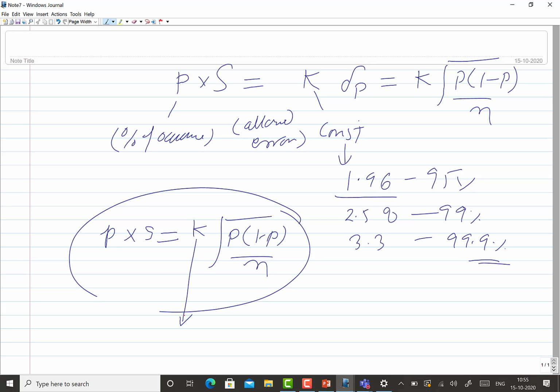K as per the confidence level desired, S is the error that is allowed, maybe 5% or 10%, P is the actual observation value, and N is the number of observations being taken.